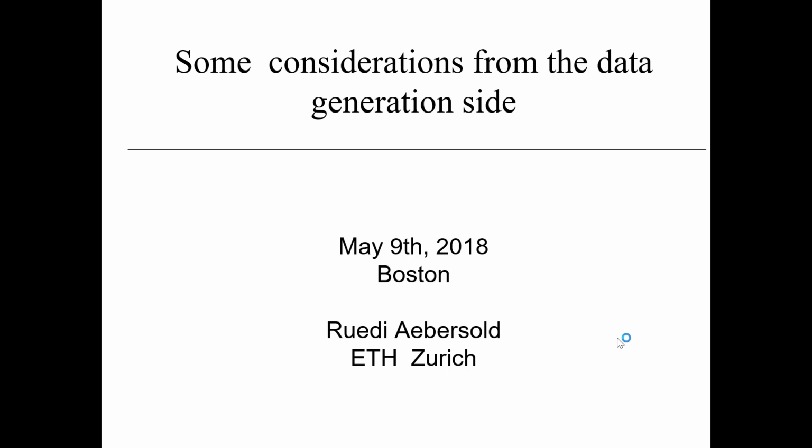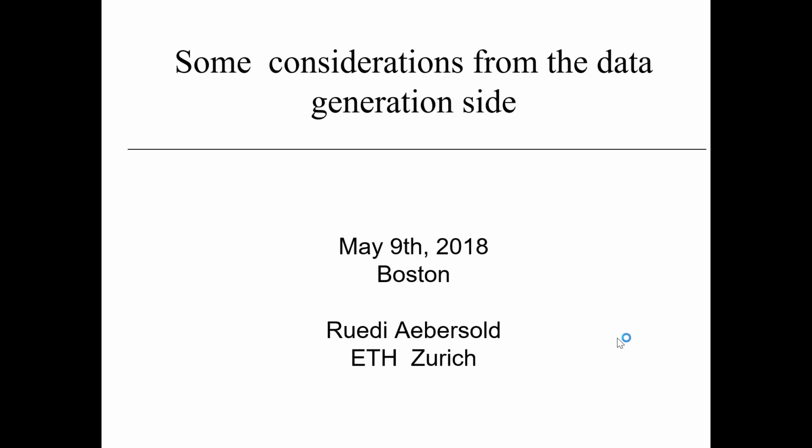And then Ruedi Aebersold from ETH Zurich, very well known in the field, a pioneer in a lot of what we've studied, certainly inspiring to me in starting Skyline, and a great collaborator in targeted proteomics and DIA. And we're going to focus entirely on DIA and SWATH, which are two synonyms for the same thing.